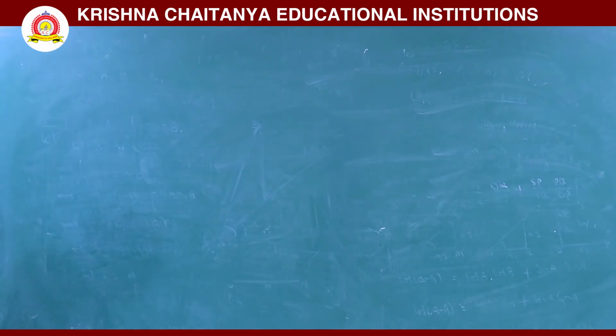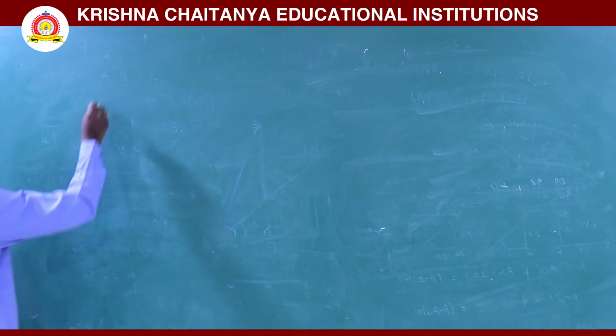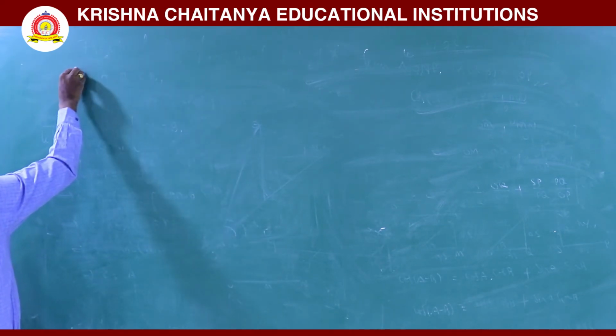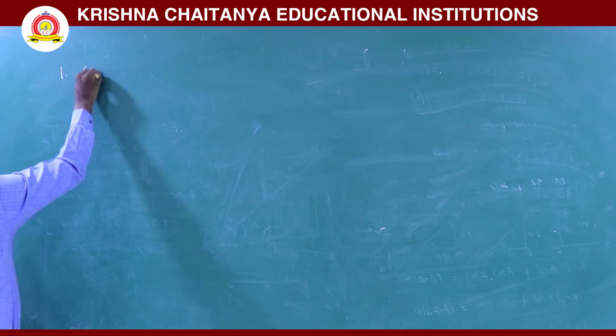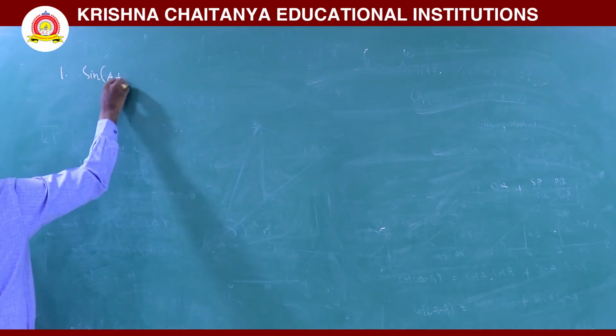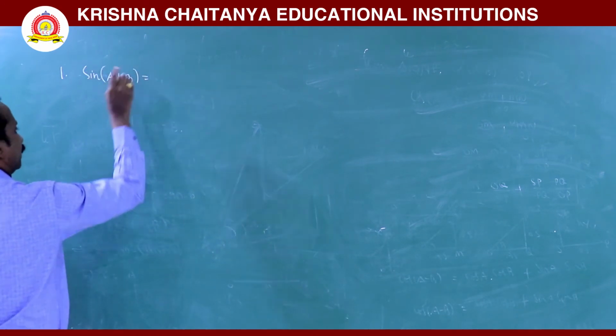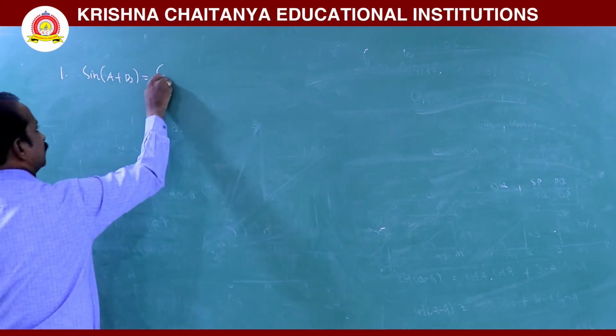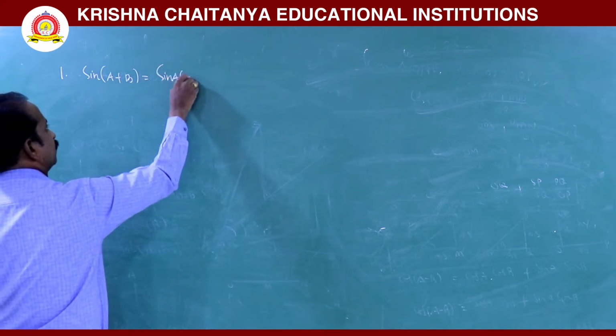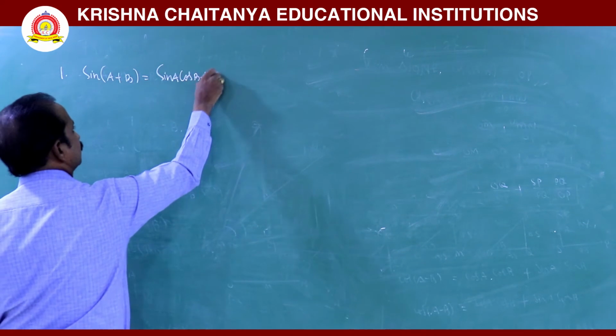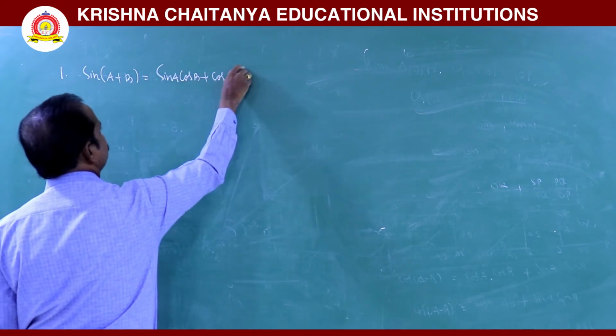What are they? What we know is that for any a, b belonging to R, the basic one: sin of a plus b is sin a cos b plus cos a sin b.